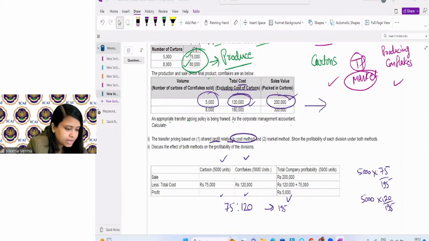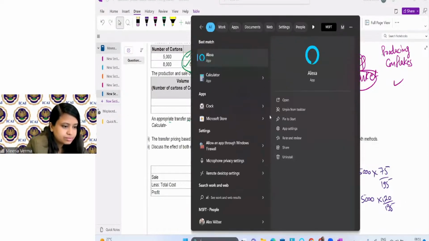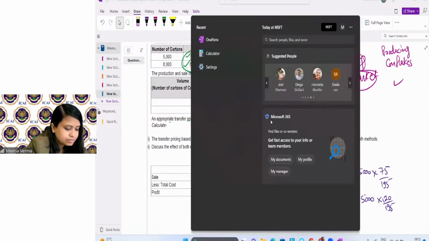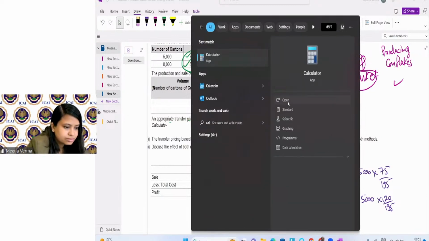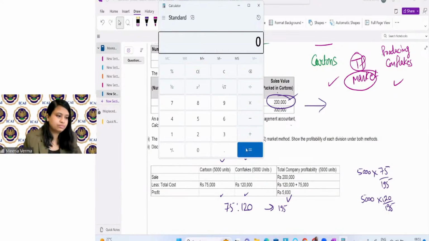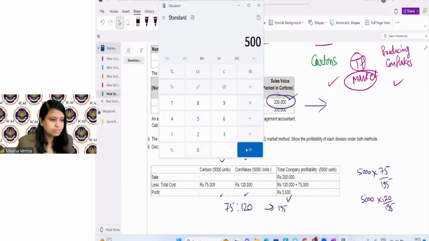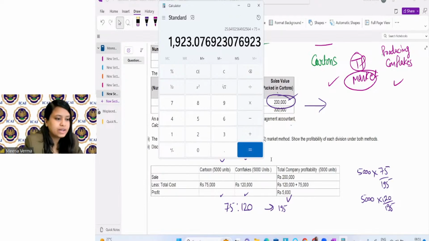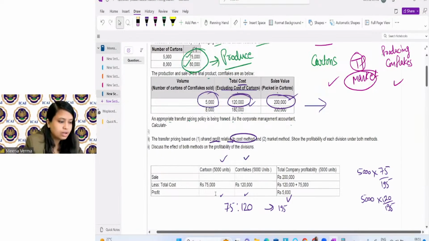What is it coming? I need a calculator. So this is coming as 1923. I can write it here, rupees 1923.